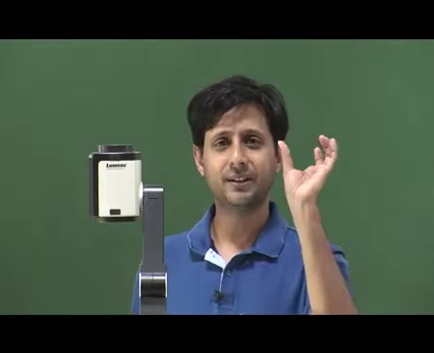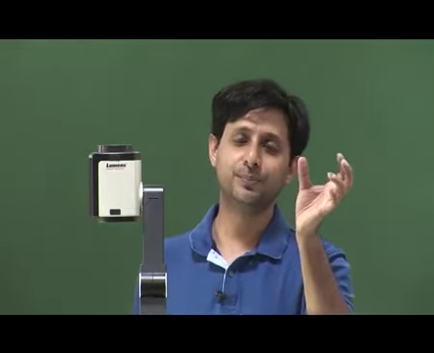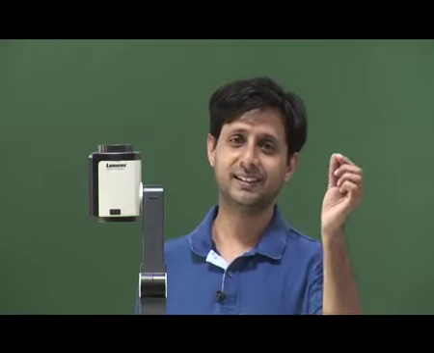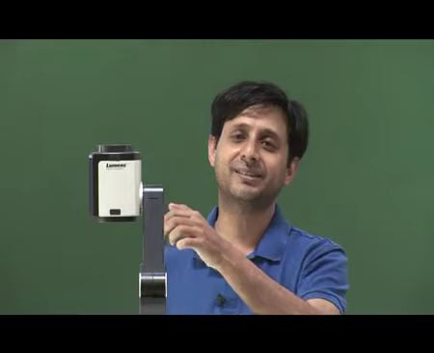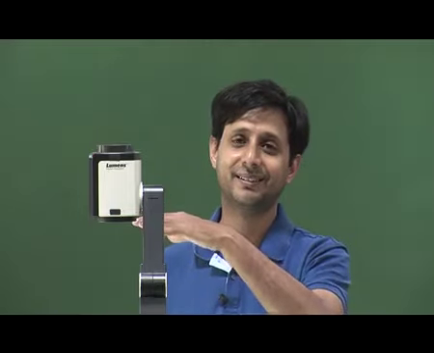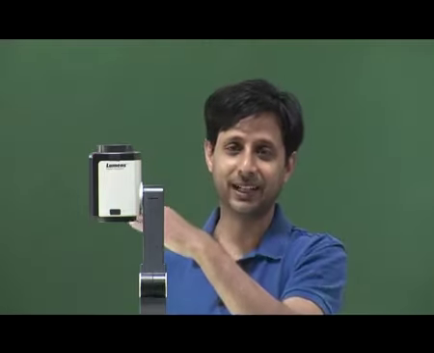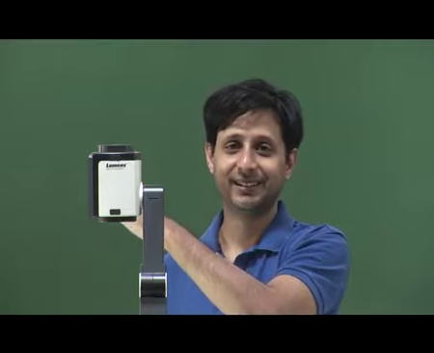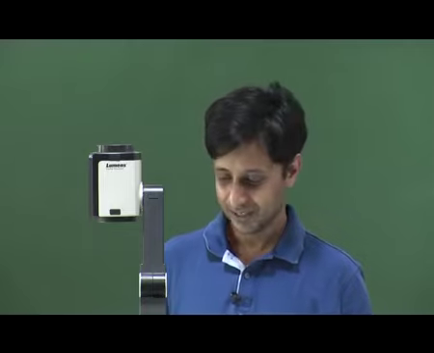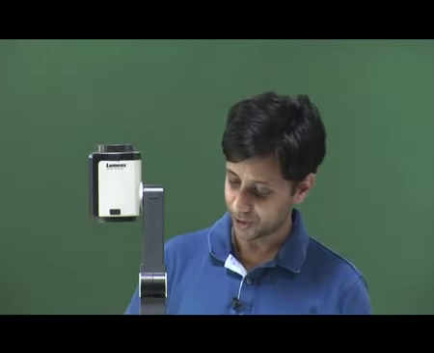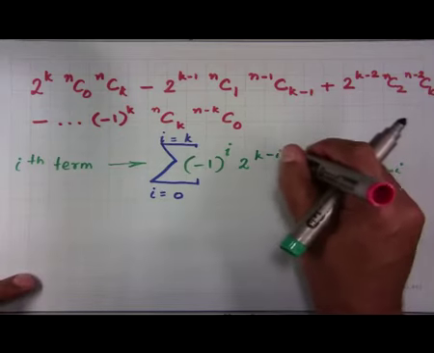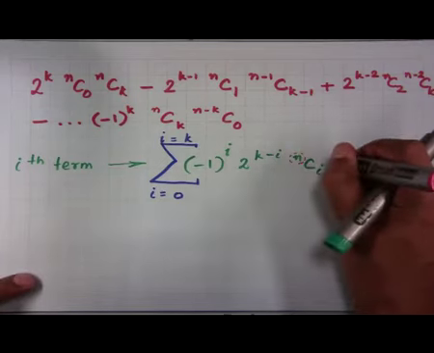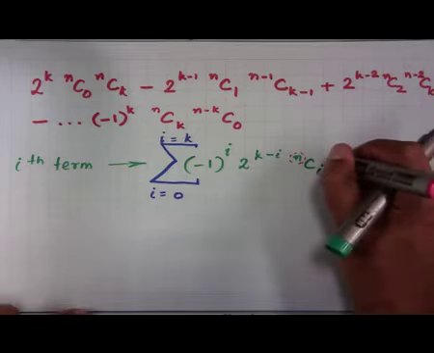You have done expressions where you had the product of two terms, nC0 nCr plus nC1 nCr plus 1 and so on and so forth. In that situation, this exponent over here was the same as this exponent.